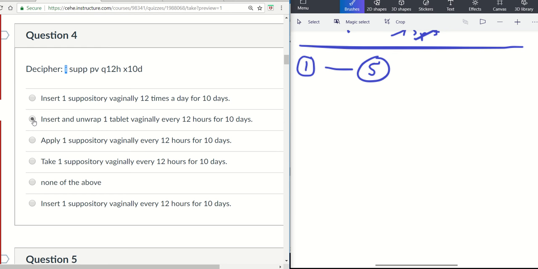Insert or unwrap and insert? Unwrap and insert. So that's not right. So which one's correct? None of the above. Right? Even though these have the correct verbs, they're in the wrong order. So unwrap and insert 1 suppository vaginally every 12 hours for 10 days.